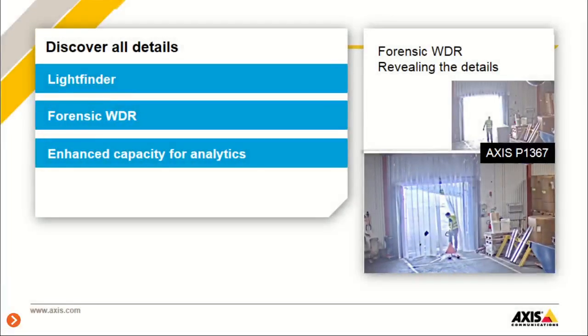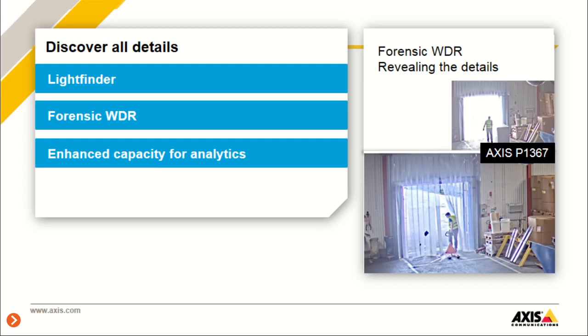Looking at some of the characteristics of these cameras, again in general, which are really important. One of the techniques inside this camera is something called Lightfinder, and Lightfinder means that this camera can deliver a really nice color image still in as little light as 0.16 lux or even lower.